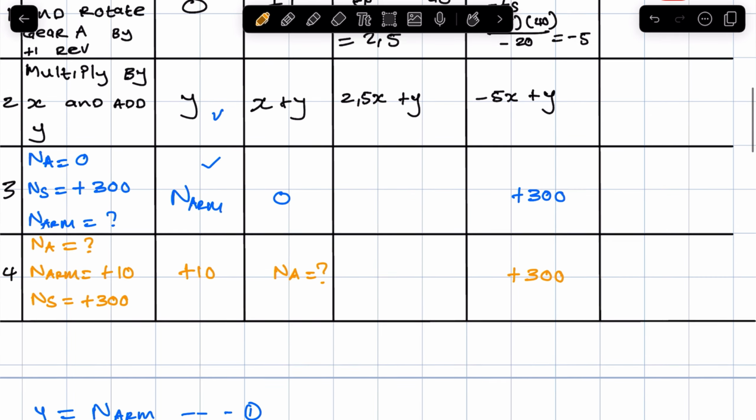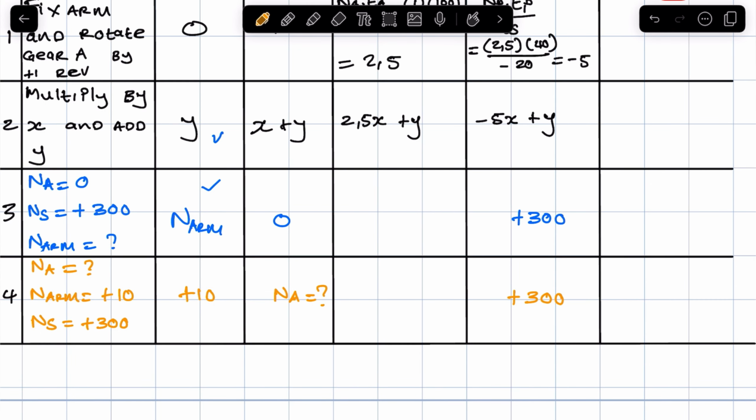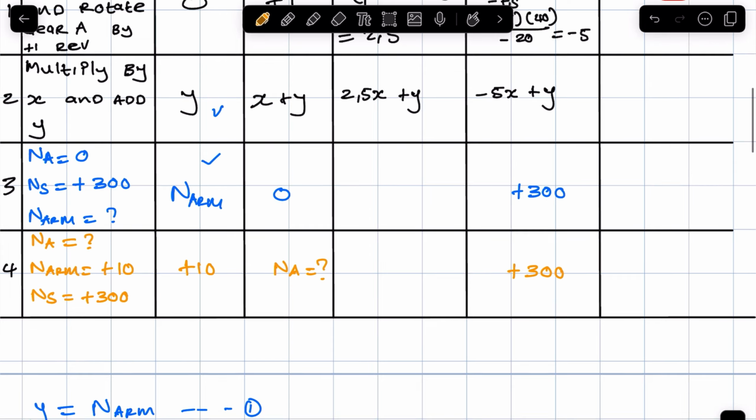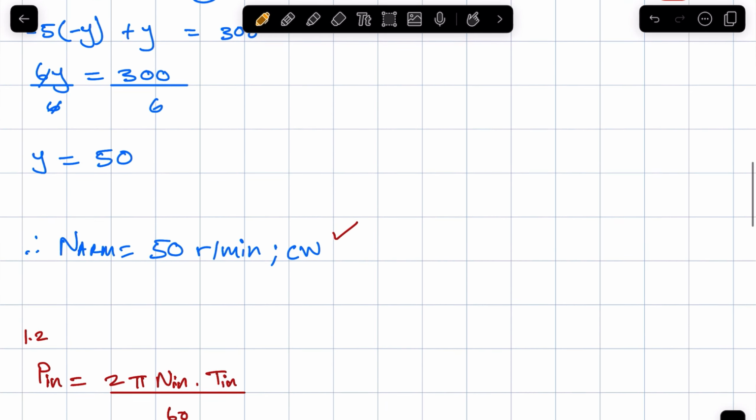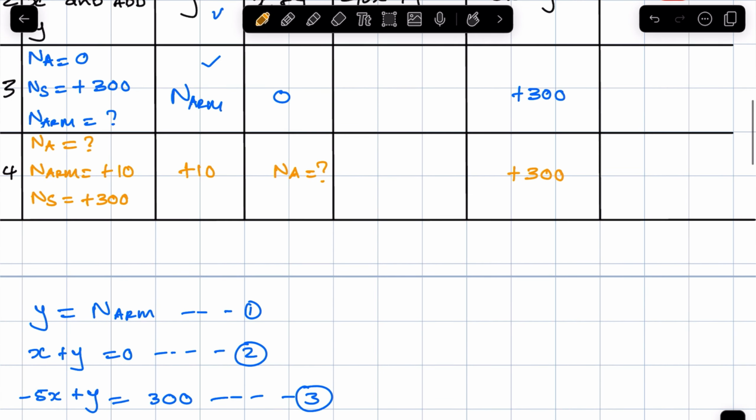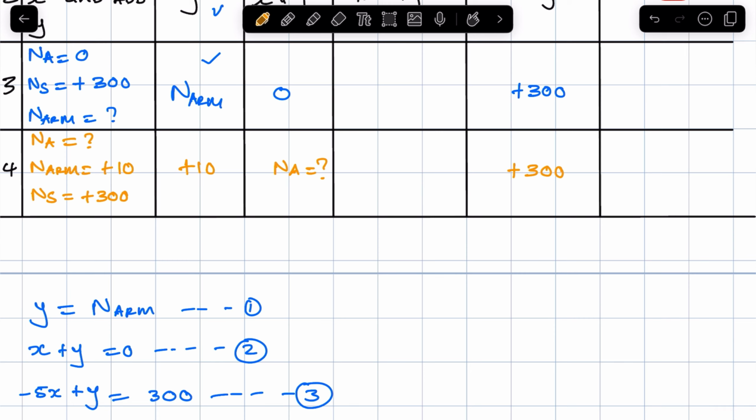So we are now going to equate the second condition with our current condition, condition 4, right? So y is going to be equal to 10. Okay, let's do this here. So let's say this is 1.3.